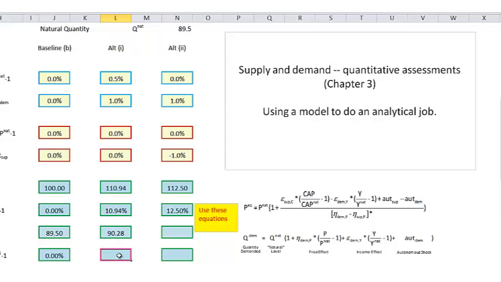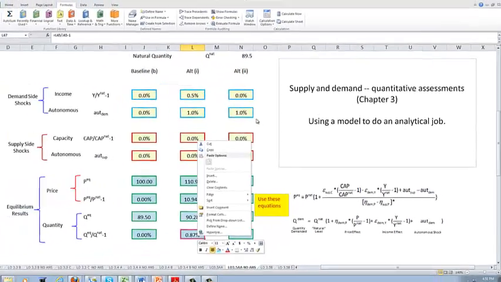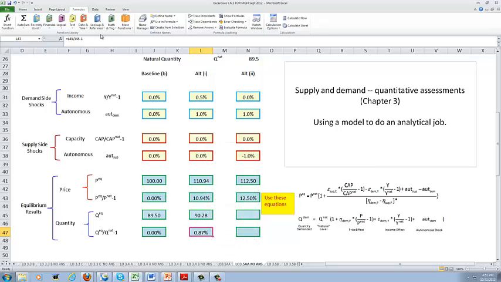That's a rather small increase in the quantity, and we notice that this is not the full extent of our increase in our shocks. Why? Because we also know that the price rose, and when the price rises, that's going to choke off some of the extra demand.